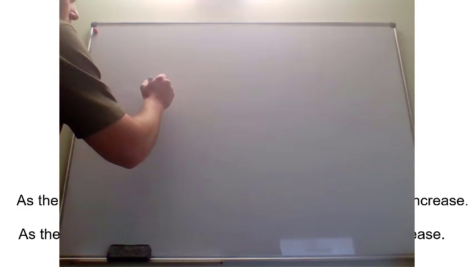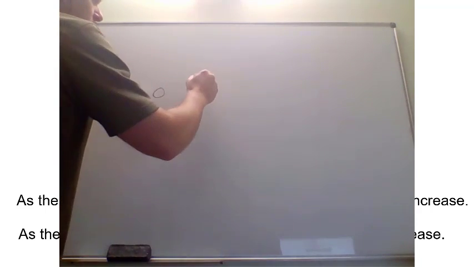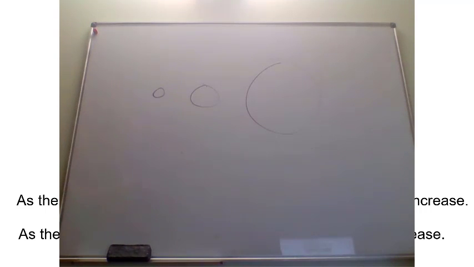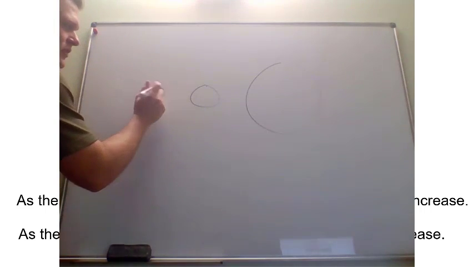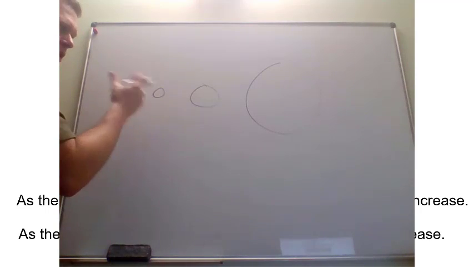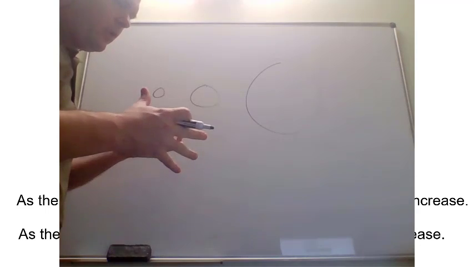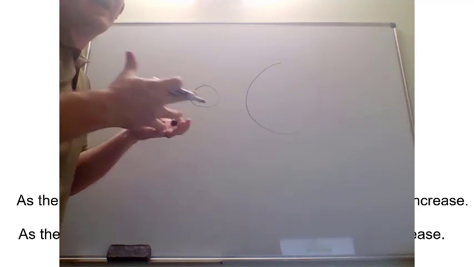So if we go up on the board, we draw our golf ball, our tennis ball, and our bowling ball. If we think about the relative size, forming temporary dipoles in each of these individual molecules, really think of this actually as size of molecules.